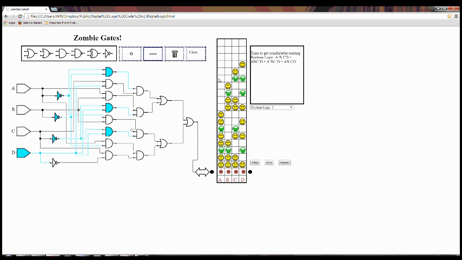This is A naught, B naught, C, D, a case when I want the output to be true. So that means I need to wire up an ANDed condition for this line. And I do not have to worry about any of these rows with smiley faces in them, because those are conditions when it's off.